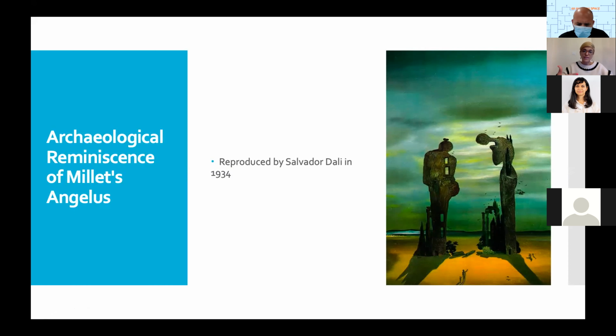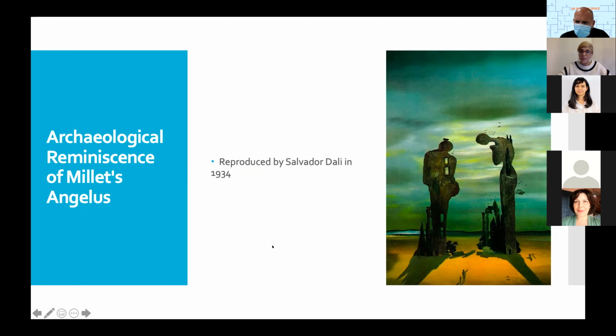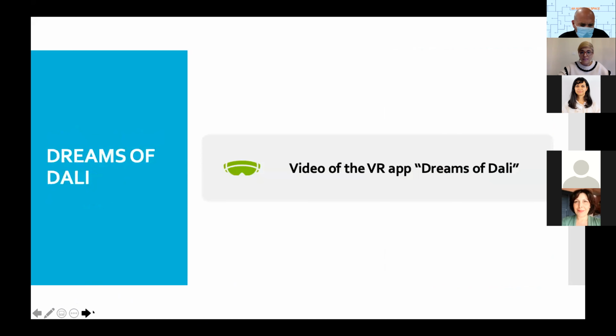We study that in our course. You can see the painting retains some of the original elements, like you have the two figures, but they are completely different because these are mythical figures. They are not persons.